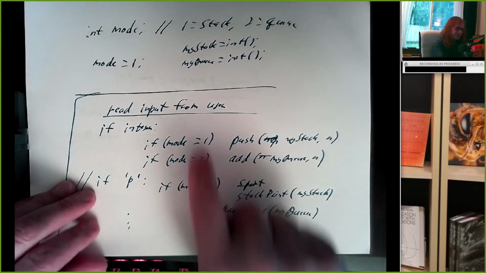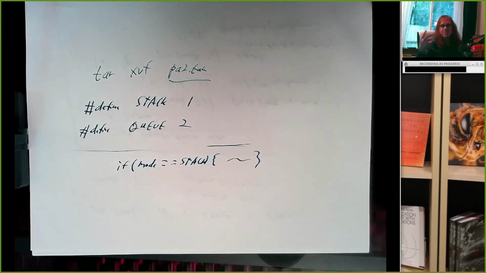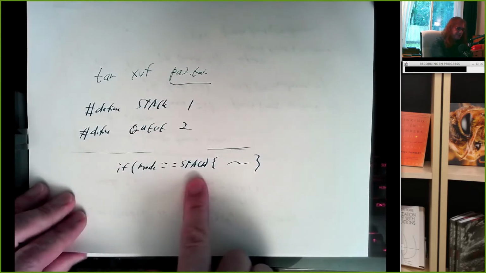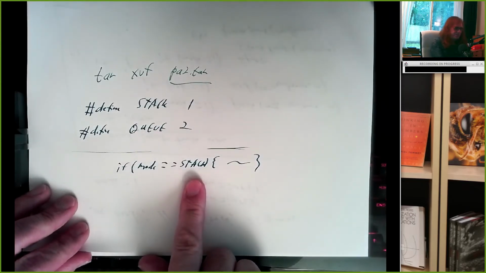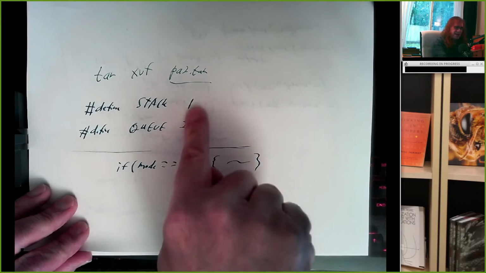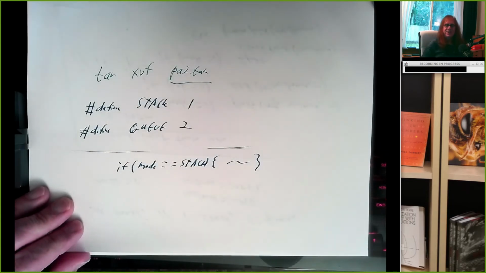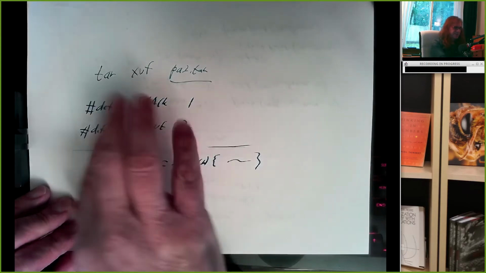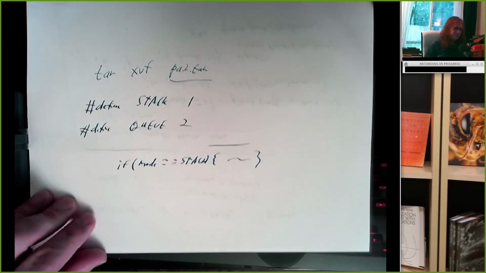So if you can avoid these magic numbers, because 1 doesn't mean stack, 2 doesn't mean queue, that's just a convention that we're adopting. But if I use these defines, and then I use the word stack or the word queue, the particular values of those are irrelevant. And so that's where you can use these defines.